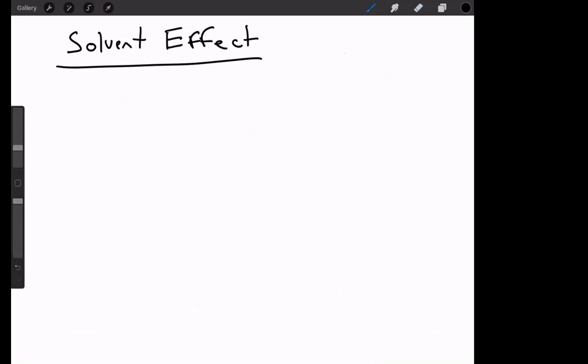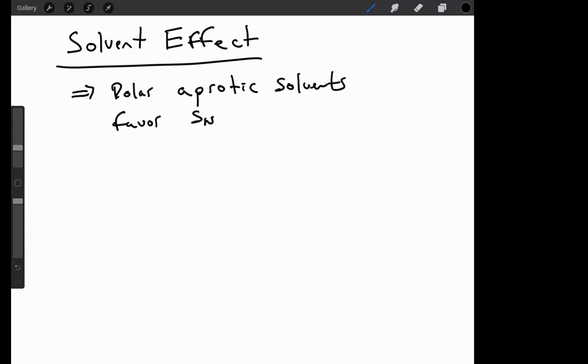Here's what I'm going to tell you first: polar aprotic solvents favor SN2 reactions. So in order to do an SN2 reaction, you need a polar aprotic solvent.